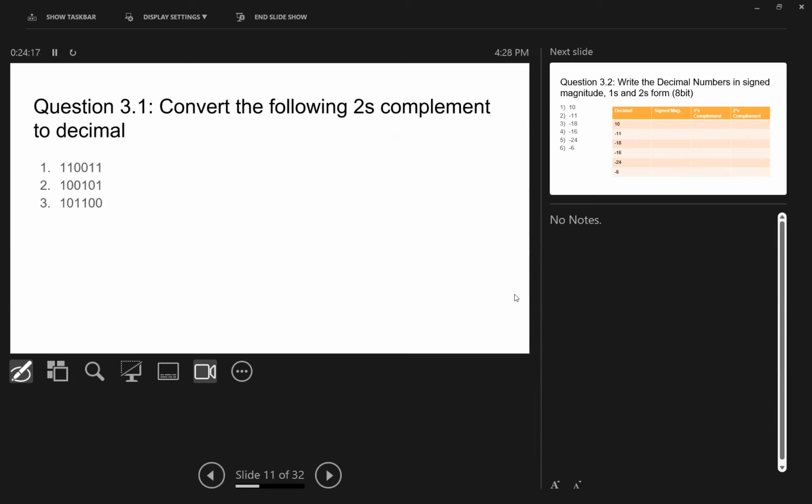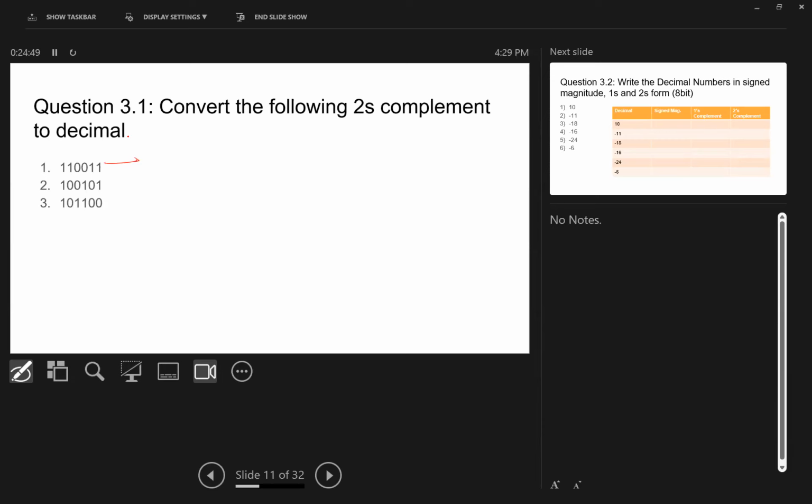Okay, so according to the results we found for question 2, what do we do if we want to transform the following 2's complement numbers to decimal? We want to get the absolute values of these three 2's complement representations. How could we get the absolute value of these 3 negative numbers?